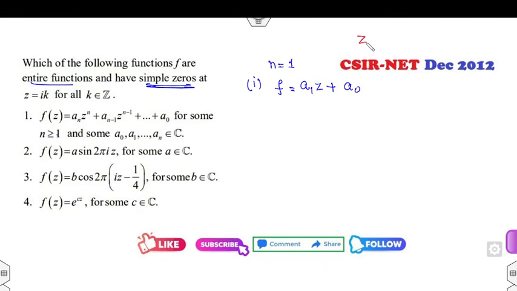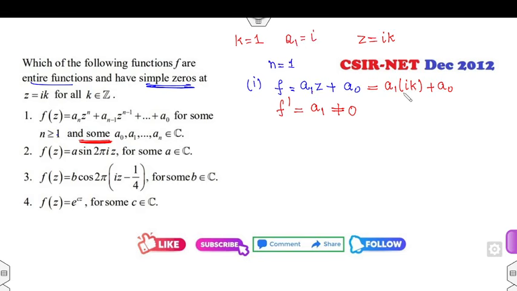At the point z equal to iota k, clearly f dash is my a1, which is non-zero. So this value can be 0 because I can choose any value of a naught, like a1 iota k plus a0. If I choose k equal to 1, fine.